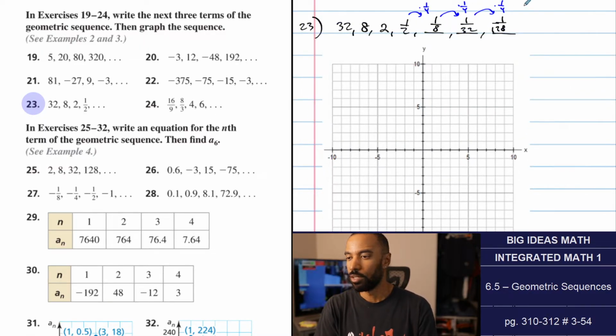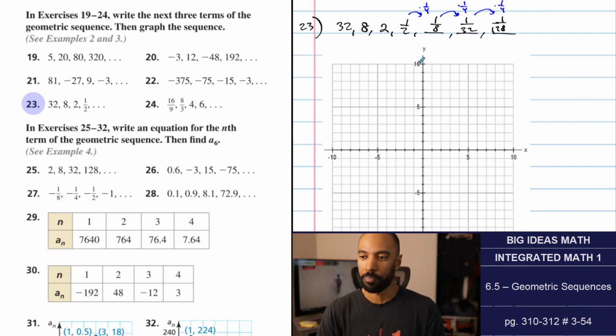They stay positive. So, 32, we can go up here to 30. Is that weird? Yeah, it's weird. Let's do this. Let's go up to 40. Like that. Okay. So, 32 is right there.